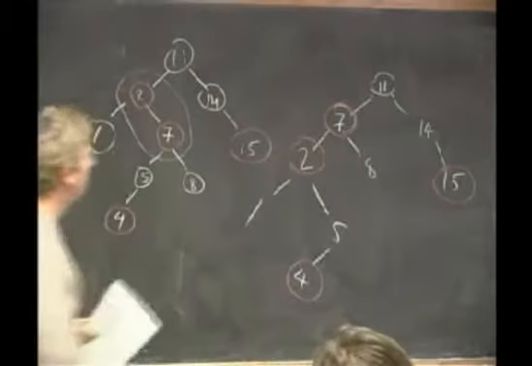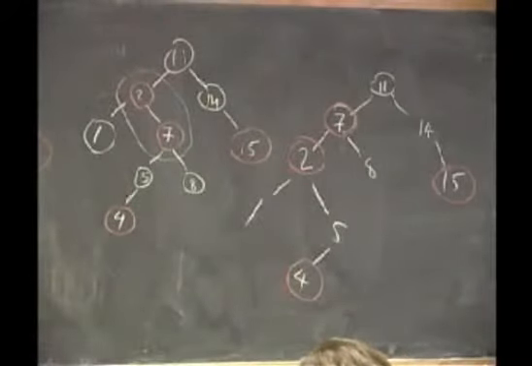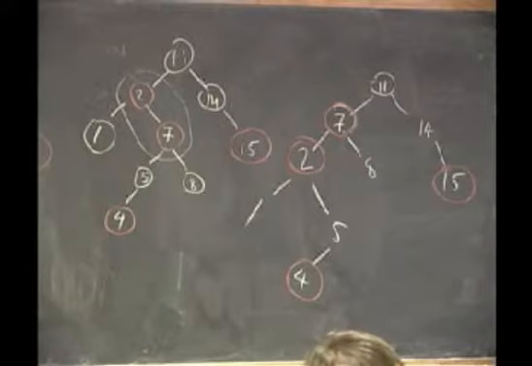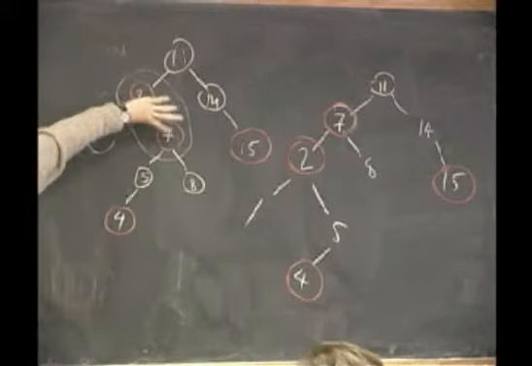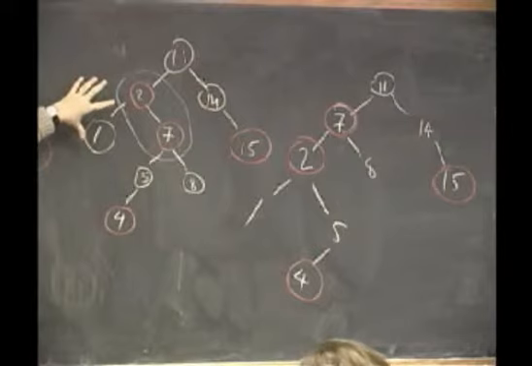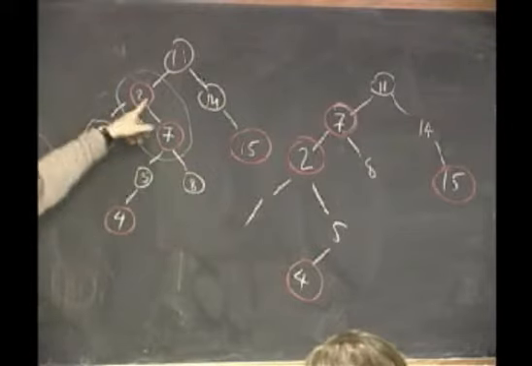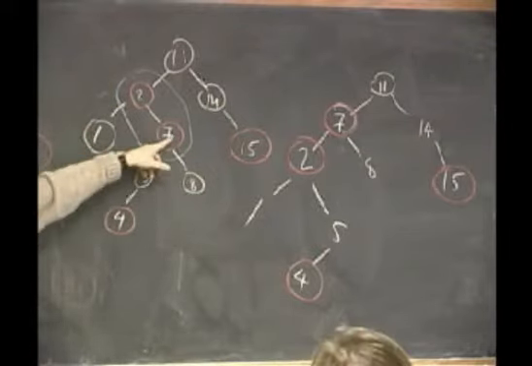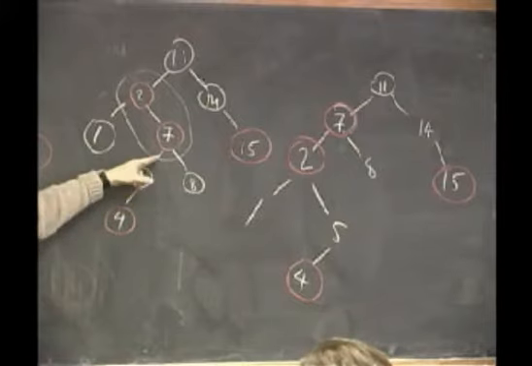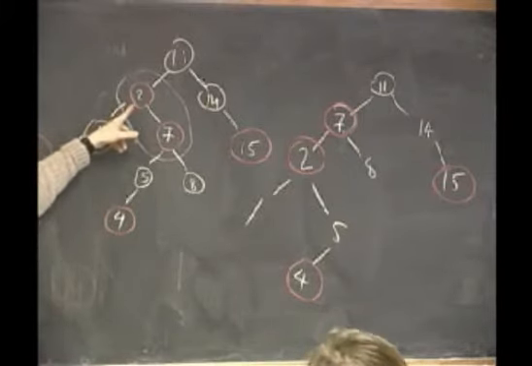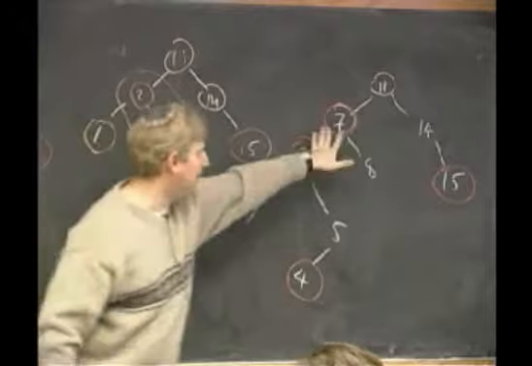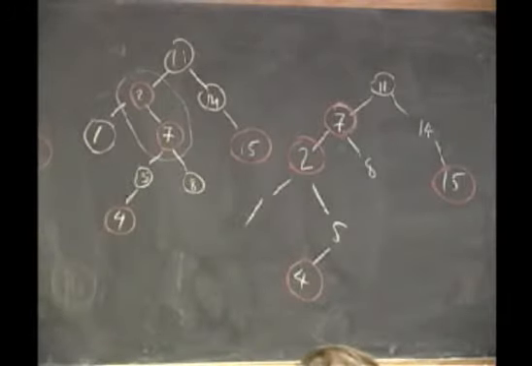Red. That's the rotation. The step I just did is the rotation. Let's look at it again slowly. I took this 2 and 7, I rotated them around. The 7 held its 8, the 2 held its 1, and what used to be connected to the left side of the 7 got snipped off and got connected to the right side of the 2. I rotated it exactly in this way.